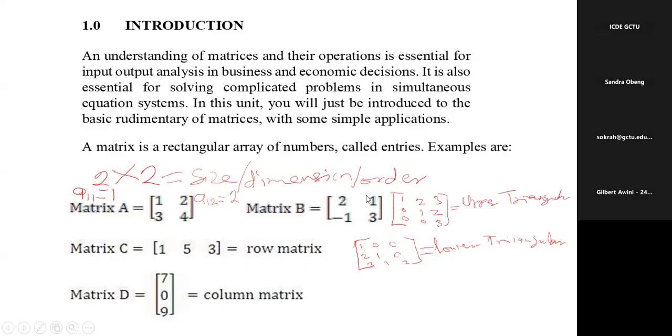That is the size or dimension or order of the matrix A. So you always count the number of rows first, and then the number of columns. And so you mention the number of rows first, by the number of columns. That gives you the size or the dimension or the order of the matrix. I hope that is clear. If you have any question, you just ask quickly and we continue.